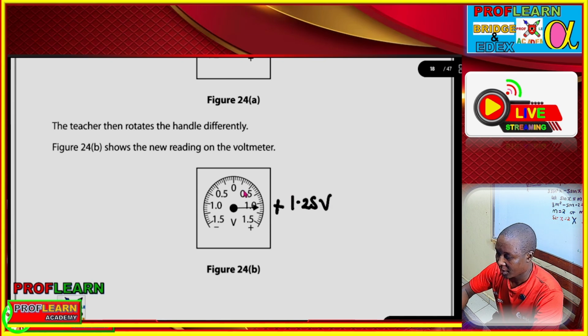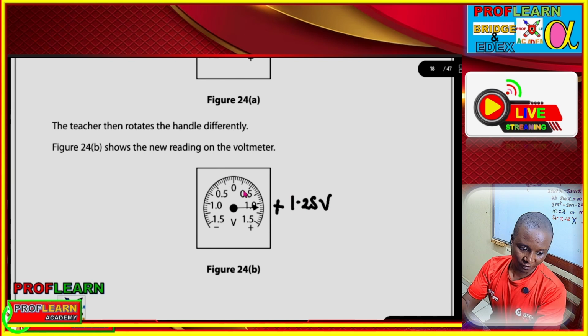Then the other is 1.25 volts. So which means we are having positive voltage and negative voltage.